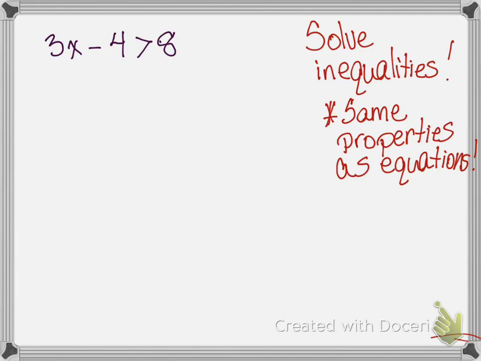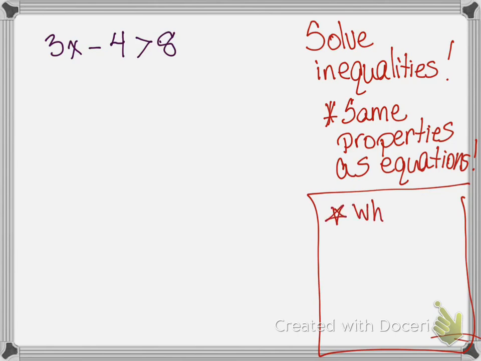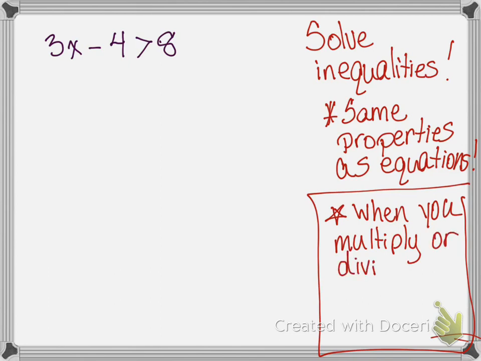The one exception, and you definitely want to highlight this, you want to stick it on a sticky note when you're doing your homework. The exception: when you multiply or divide both, that's key right there, both.